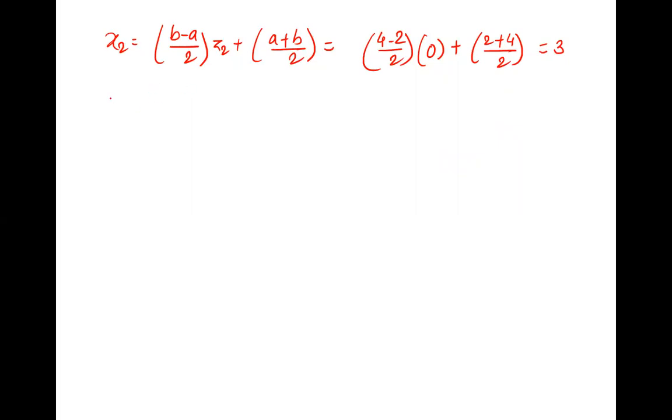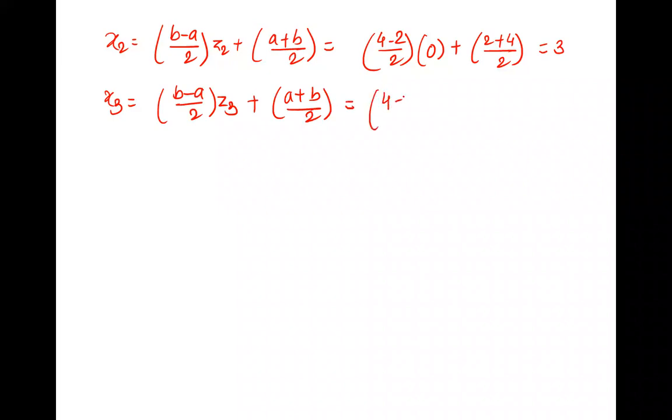Go for x3: (b minus a) by 2 into z3, which is root 3 by 5, plus (2 plus 4) by 2. That is 1 into root 3 by 5 plus 3. Solve this, you will get x3.